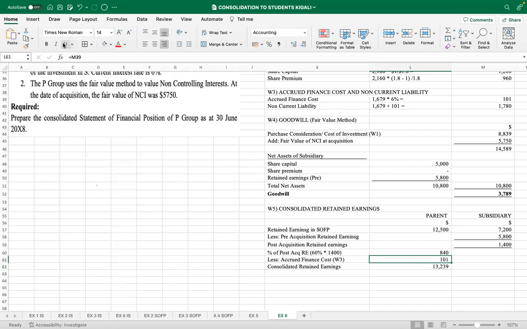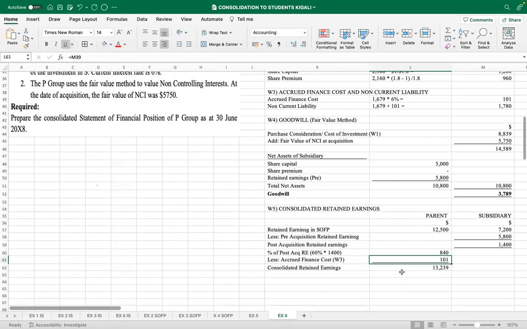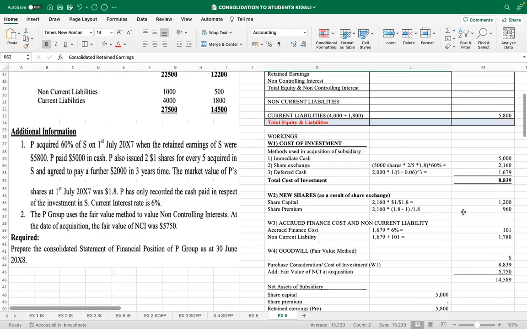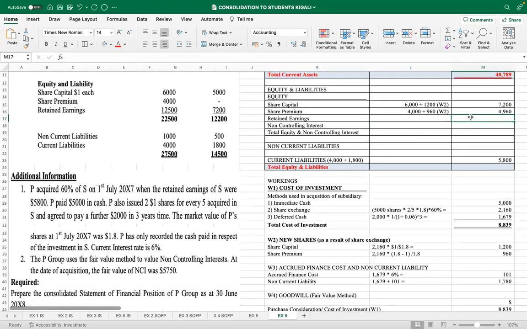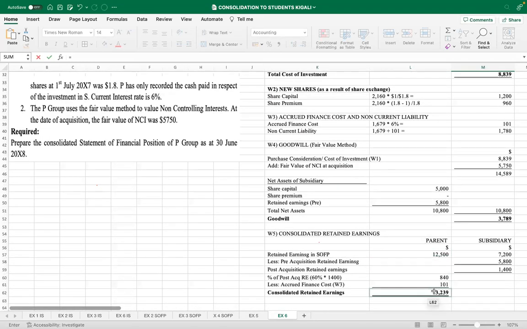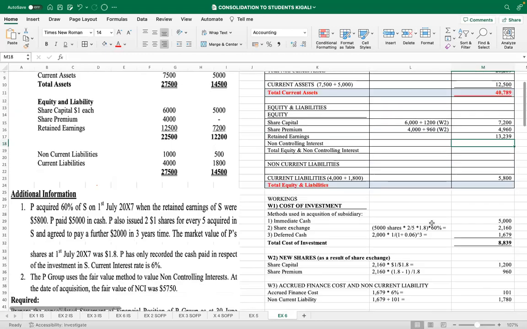So that gives us a total of 13,239. I can bring it in the balance sheet to save time. So it is working number 5.